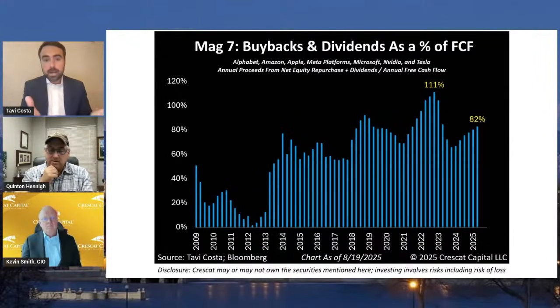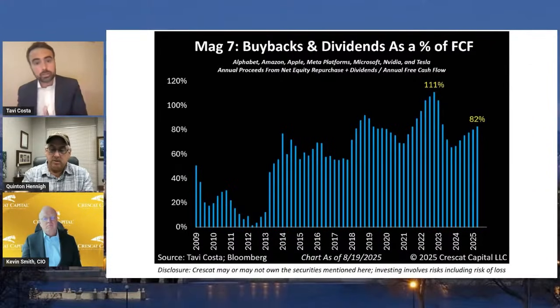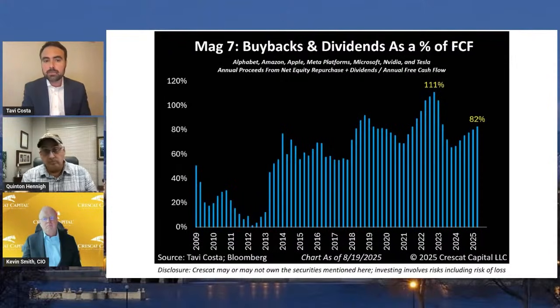Okay, well, there's room there. We can reduce that, maybe to zero, and that's an easy way to raise $400 billion every year that can be spent on the earners. So again, don't underestimate the possibilities that we have here to make changes in terms of where capital could flow. And so I do think this is going to be a huge rotation in this market. Anyway, let's go to the next chart.